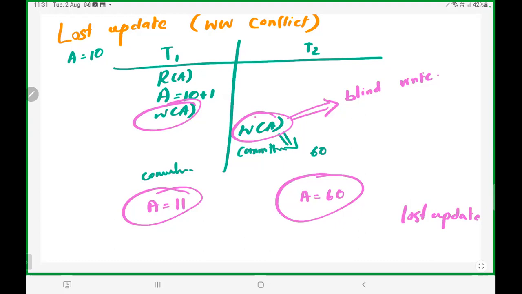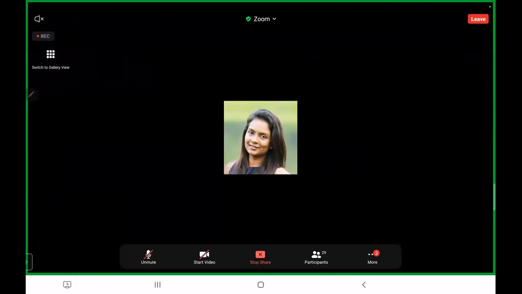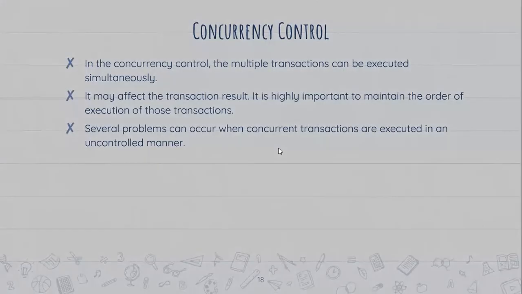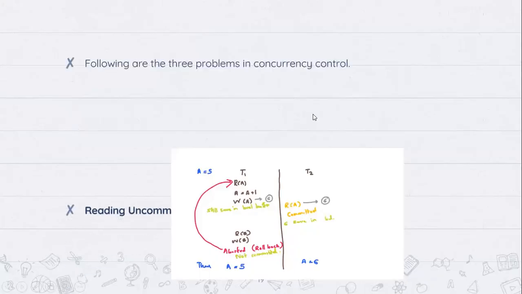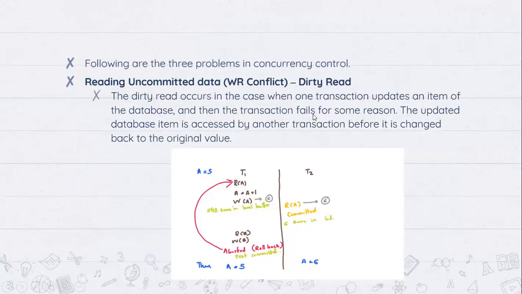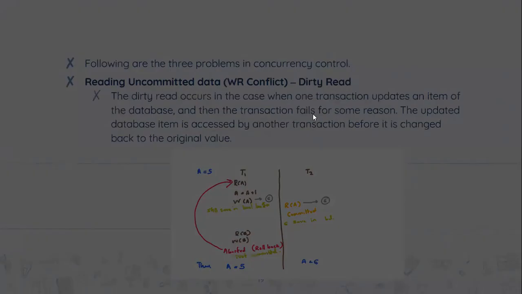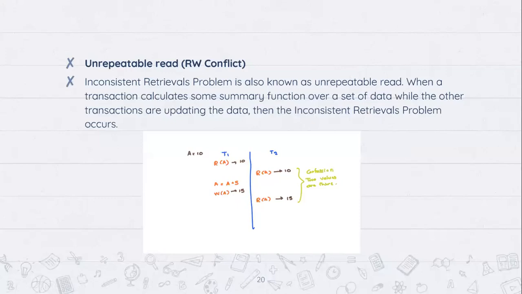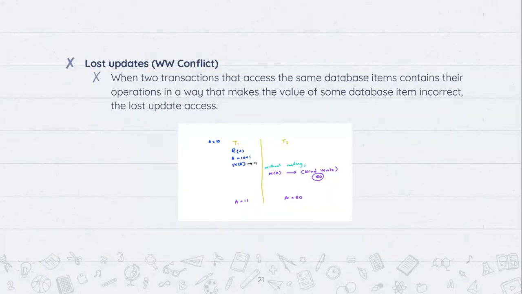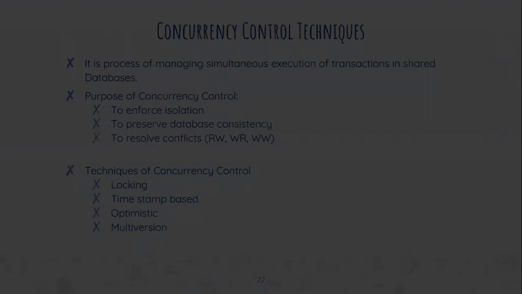Did you understand these three conflicts? If you have any questions, ask. I explained these things in here also, you can check. The same example is put there.